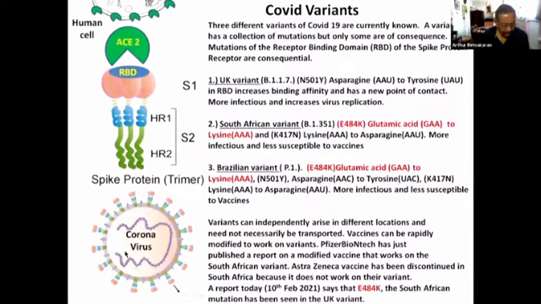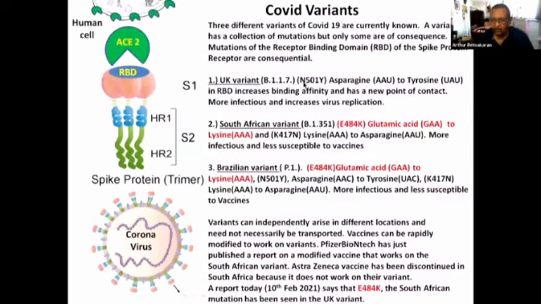And you have 29,903 bases. That's what they have figured out. And in this 29,903, you can take the number. What they found in the UK variant, its change is at 501. At position 501, there is a change from asparagine to tyrosine.